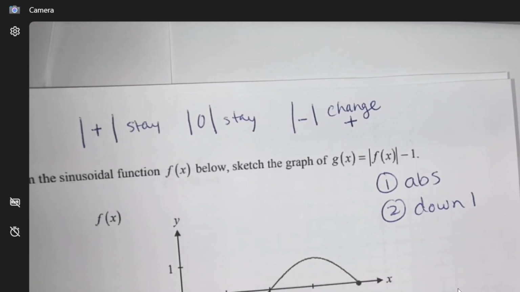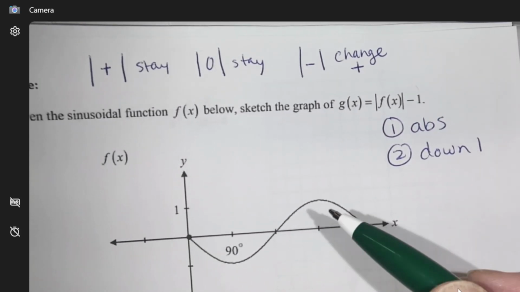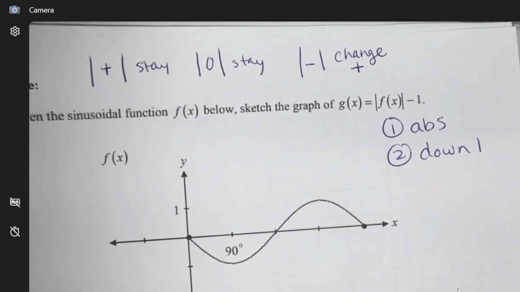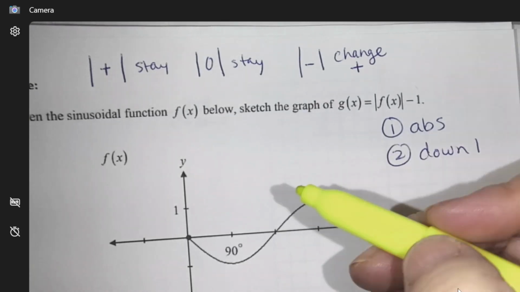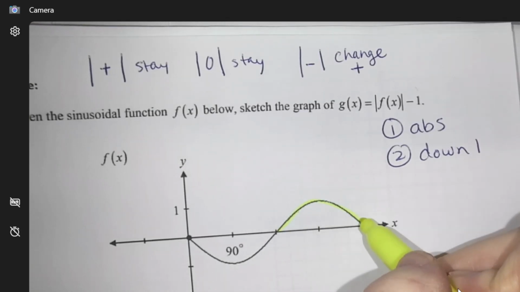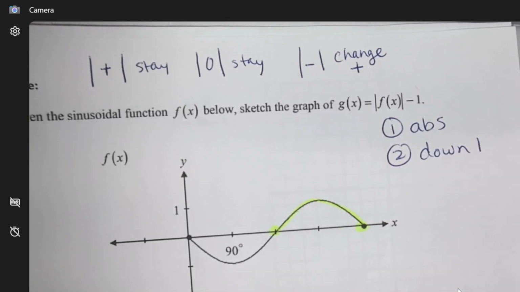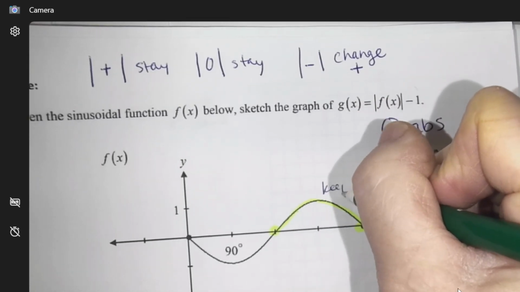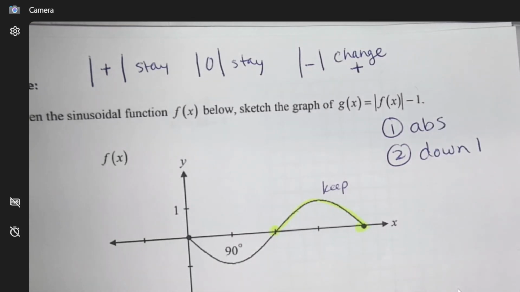Okay, so here's my absolute value. Actually, I'm going to draw it yellow. Okay, so I'm going to do this. I'm going to keep, right? Do you see why I'm keeping that section?